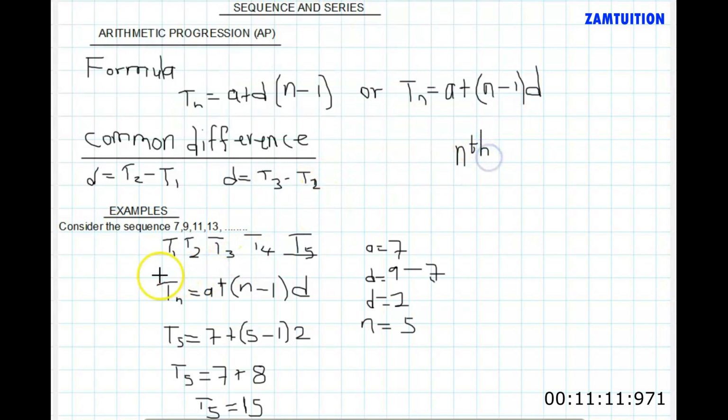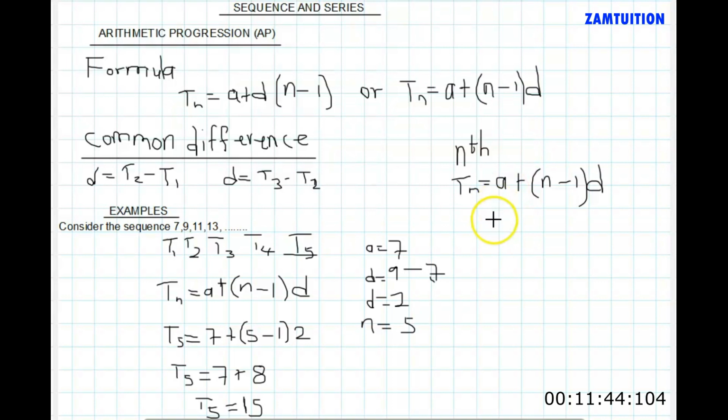For example, if they didn't say find the fifth term, they have just said find the nth term. How do we find it? We're going to use the same formula: Tn is equal to A plus open bracket n minus 1 close bracket and then D.